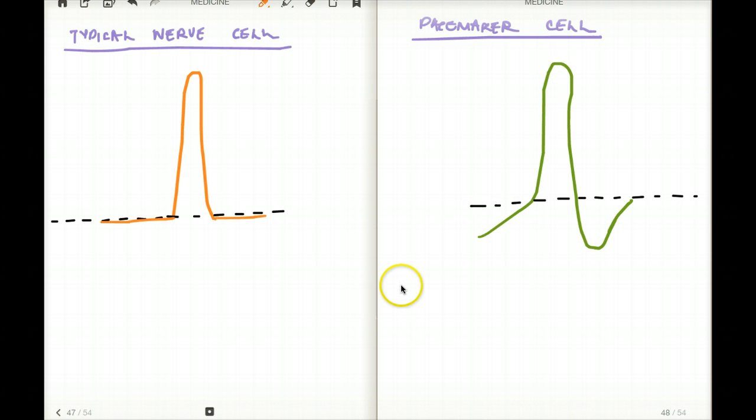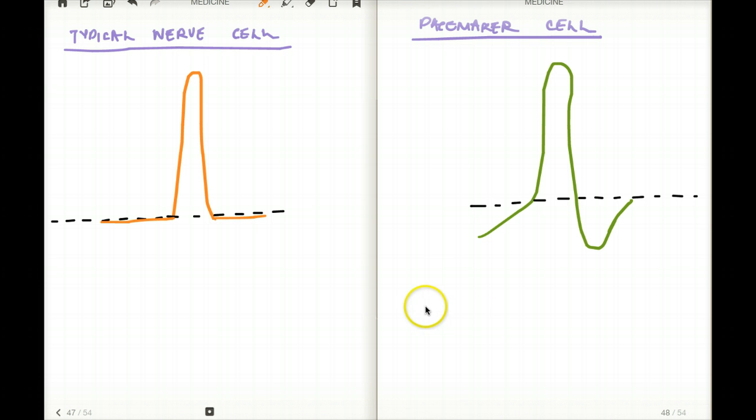This brings us to our next topic. We know that a certain amount of voltage needs to be reached for an action potential to be generated in the pacemaker cells, and this action potential is due to a positive number.